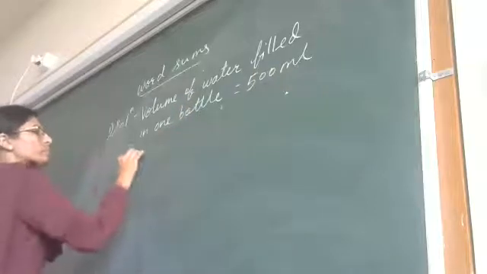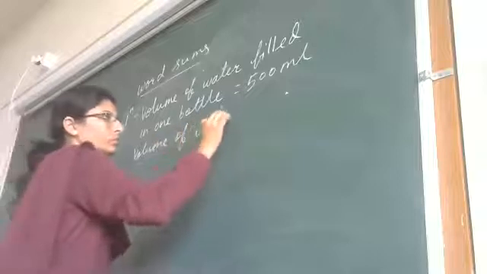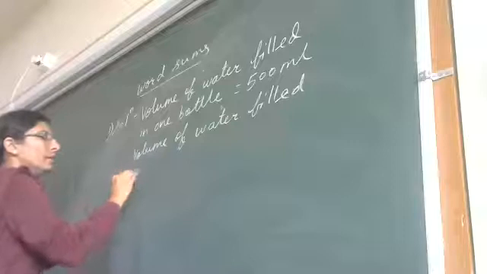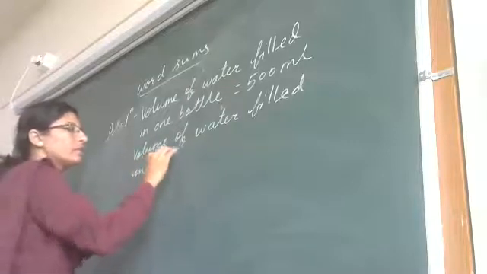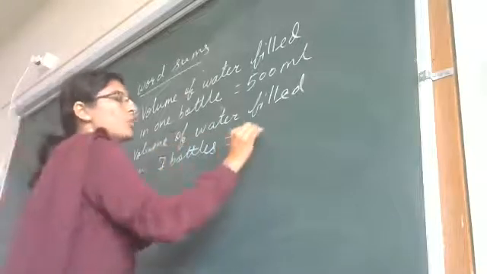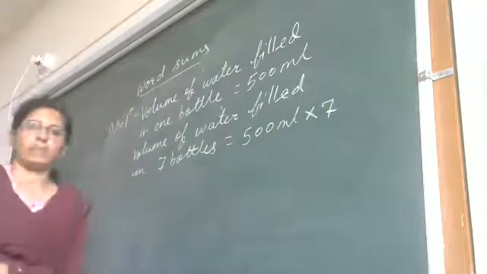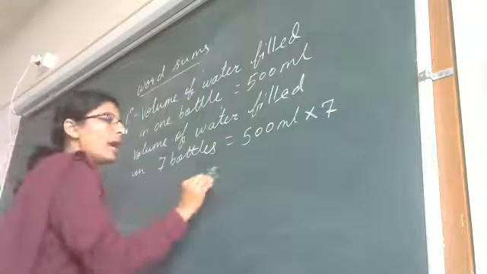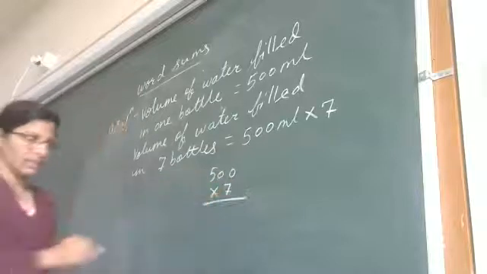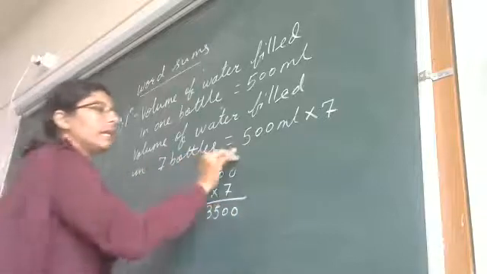We have to find the volume of water filled in 7 bottles. One bottle is given, so 500 ml multiplied by 7. 500 multiplied by 7 is how much? 3,500.